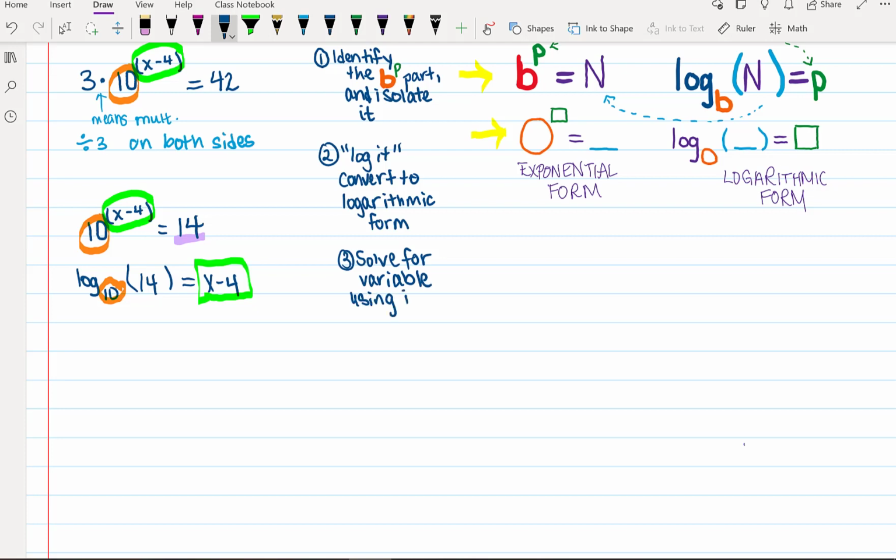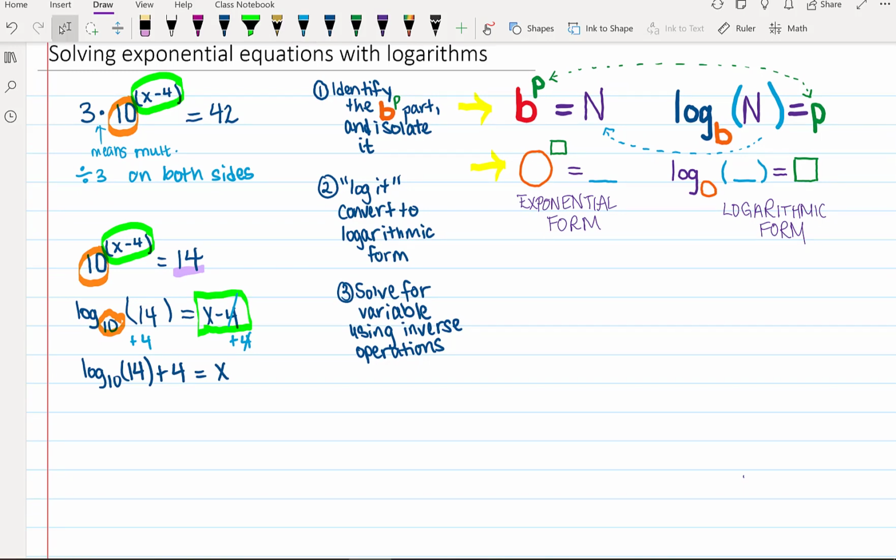And I just have to treat that log expression like it's a single number. So in this case, I'm going to take the log base 10 of 14, whatever number that is, and if I add 4 to both sides of my equation, with that work I've been able to find out what x is.